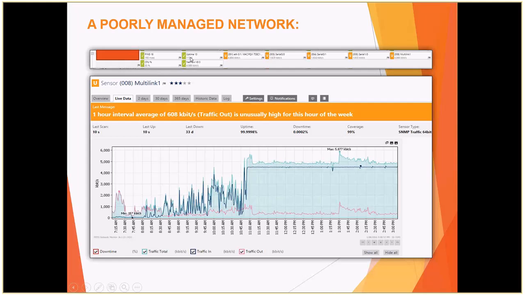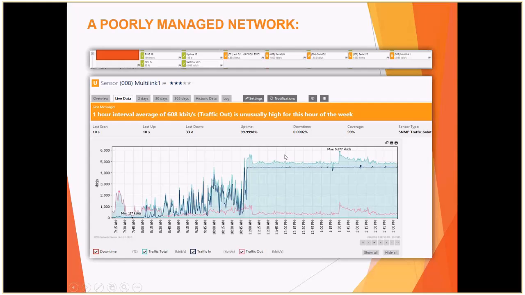In this case, you see right away that this one is not green. U stands for unusual, so those are the sensors that you might want to check. And if you look at the graph here, you would see that the utilization is very high. So this one is an example of a poorly managed network.